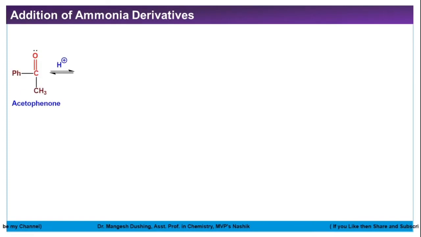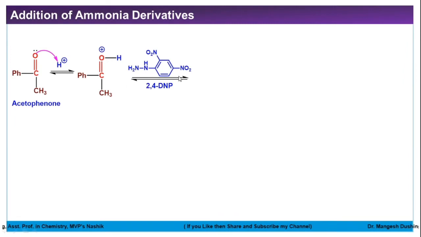This is another reaction, with semicarbazide. So this is the structure of acetophenone. The first step is protonation. Next is the reaction with 2,4-dinitrophenylhydrazine, in short called 2,4-DNP.